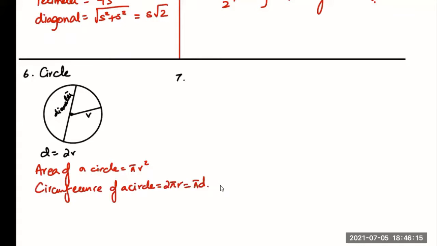Then when you split open the circle, if I draw a circle and if I draw 2 radii, okay, this is what I call a sector. Sector of a circle. A sector of a circle is made up of 2 radii and an arc length.